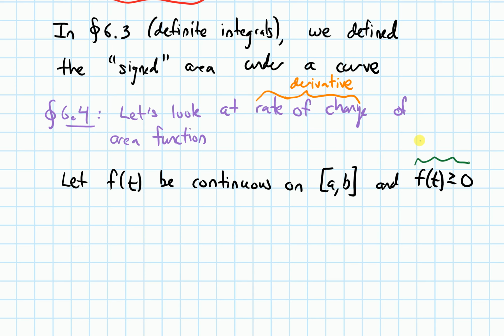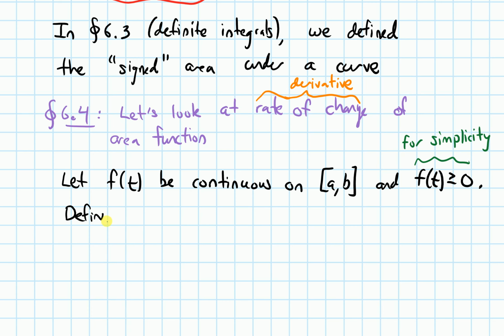This is just for simplicity. The result we'll end up getting will apply even if my function ends up being negative, but just for simplicity's sake and to make an easier picture, I'm going to assume that f of t is always greater than or equal to 0.